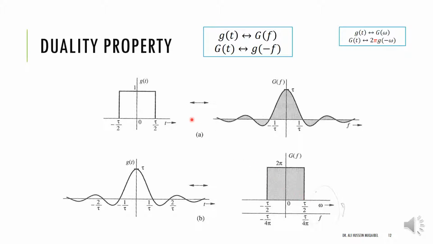To illustrate the duality property here, a rect gives you a sinc, then a sinc will give you a rect function. Remember that because rect is symmetric around the y-axis, this minus sign is not clear here, because flipping around the y-axis of an even function gives you the same answer.